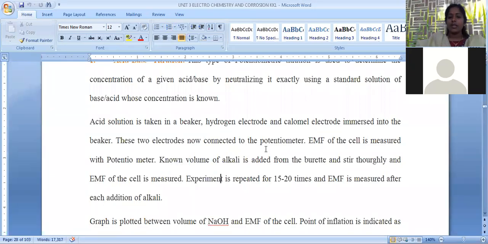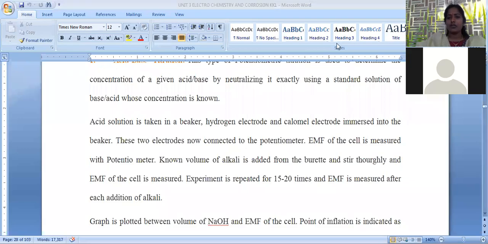the burette. Now, what we have to do initially: into the beaker we already have the acid solution. Here we are taking two electrodes in this potentiometric titration.